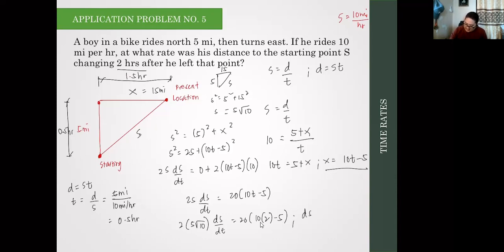Simplify natin, makakalculate natin yung value na ds over dt is 20 times 20 minus 5 all over 2 times 5 square root of 10. Makukuha tayong value na 3 square root of 10 or 9.47 miles per hour na rate ng pag-change nung distance nung current position nung bata mula dun sa starting position niya.